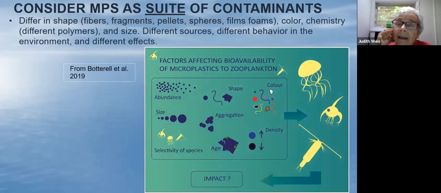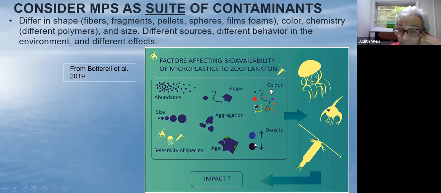It's important, as stressed in this particular paper from a couple of years ago, to not consider microplastics as a pollutant or a contaminant, but consider them a suite, that is a group of contaminants, because they differ from each other in many ways. They differ in abundance, shape, color, they may aggregate, they have different sizes, different ages, and different densities.